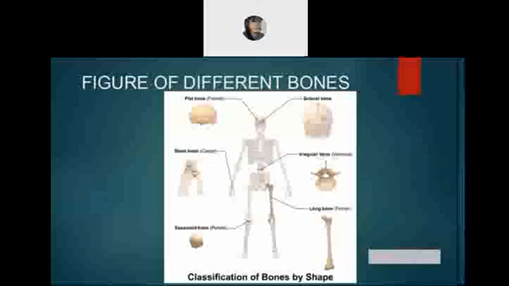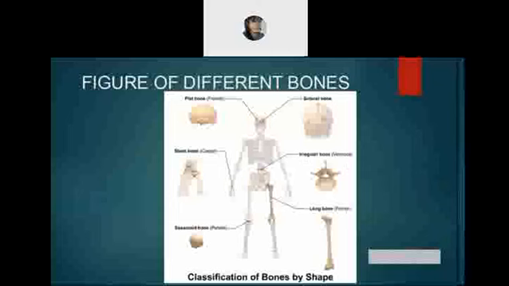Yes, ma'am. Okay. Next bone, you will get irregular bone. Irregular bone mostly you will find in your vertebra. Your vertebra is here. You will get irregular bone here. From the name itself, you know they are irregular, not regular.